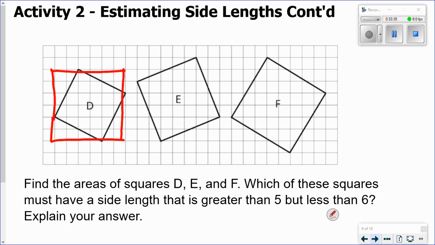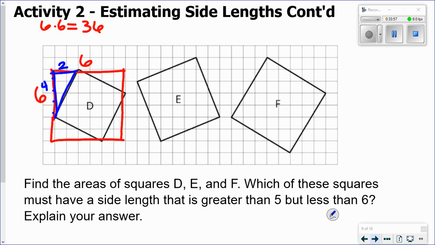Sorry again with my technology issues. And we know 6 times 6 is 36, so the square we created is 36 square units. Then we're going to calculate one of the triangles. So this is a base of 2 and a height of 1, 2, 3, 4.